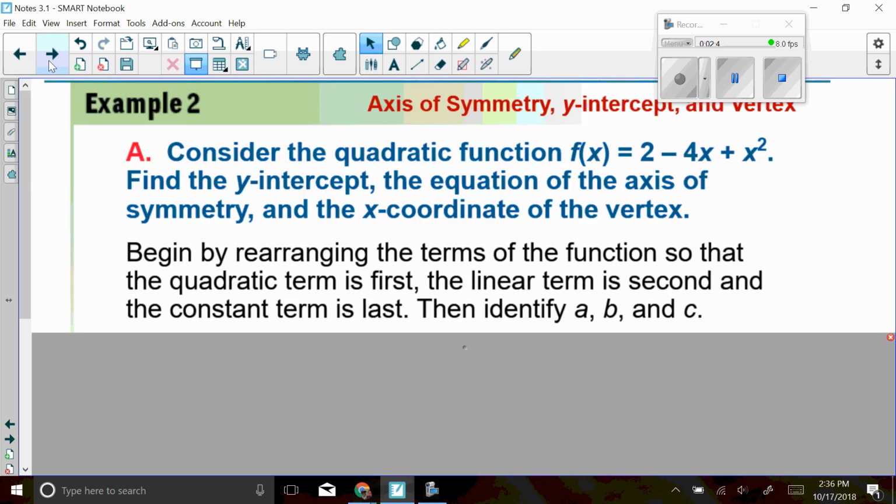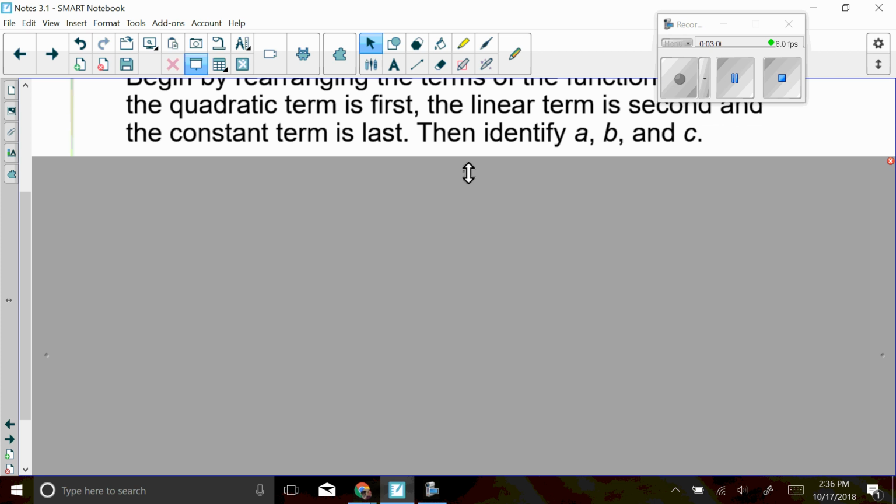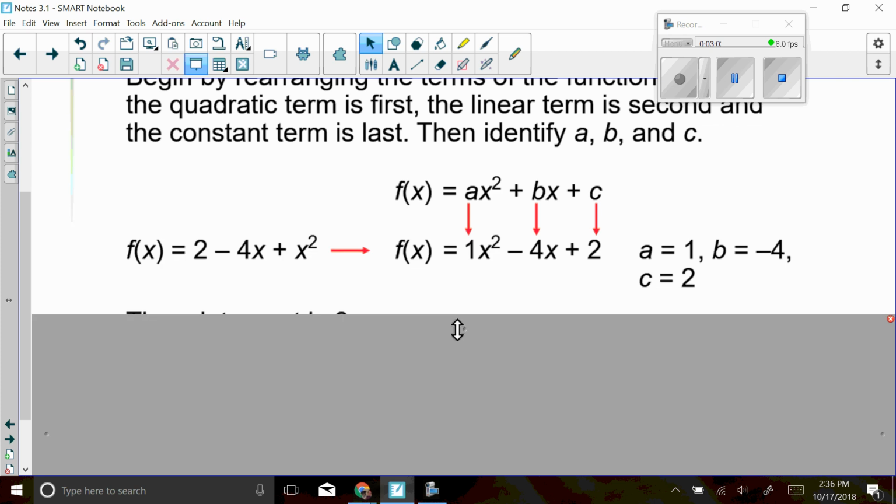First one: consider a quadratic function. Find your y-intercept, the equation of the axis of symmetry, and the x coordinate of the vertex. It does say begin by rearranging the terms of the function so the quadratic term is first, then the linear, then the constant term, then identify A, B, and C. So we did that. Here we rearrange.